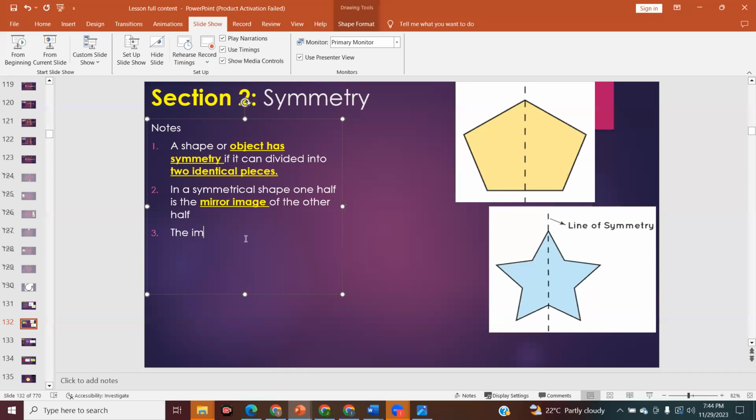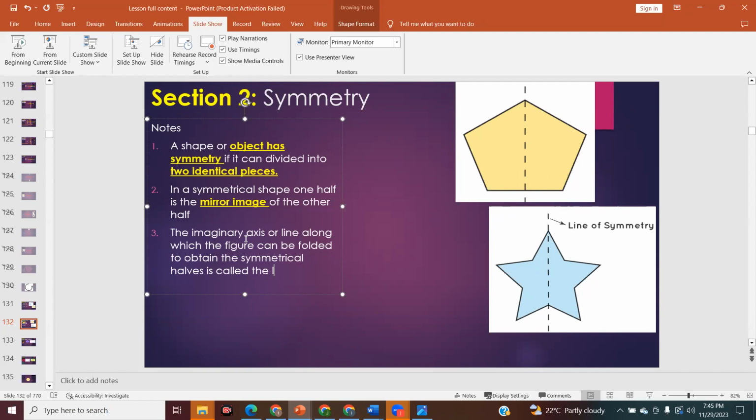So the imaginary line, and we say imaginary because we draw it, right? It's not always there, we draw it. The imaginary axis or line along which the figure can be folded to obtain the symmetrical halves is called what?